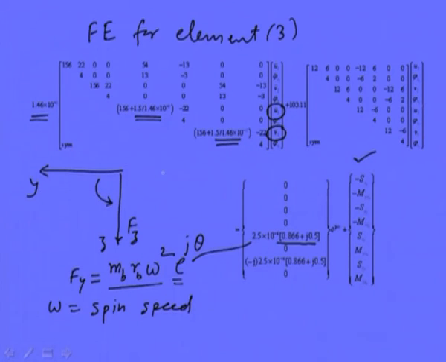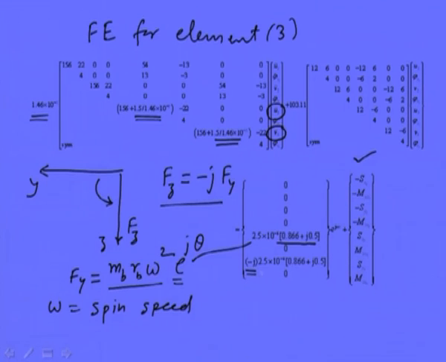So we will have the relationship Fz is equal to minus j Fy, because minus j represents the phase difference between Fy and Fz of 90 degrees, with Fz lagging Fy by 90 degrees. The same thing is appearing here.